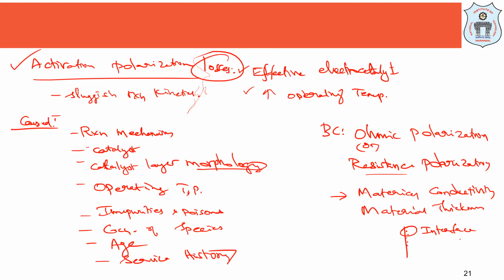In the double layer, what the contact resistance is, we have to decide. That is one parameter. And in the bulk of the electrolyte, what type of resistance is there? So inside the fuel cell, this ohmic polarization is due to the electrode-electrolyte interface.